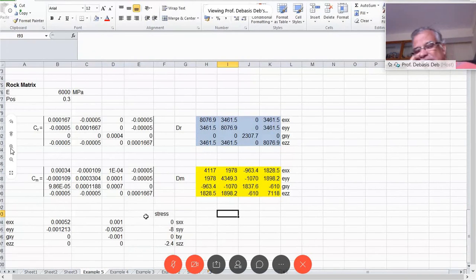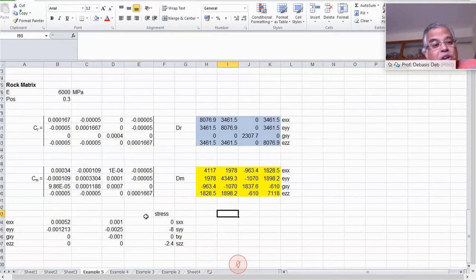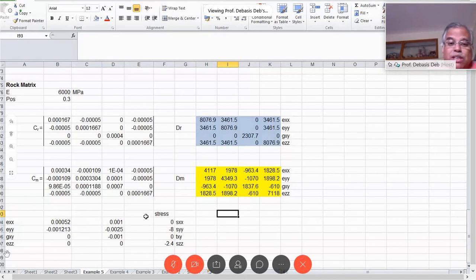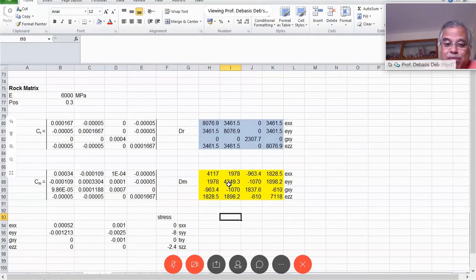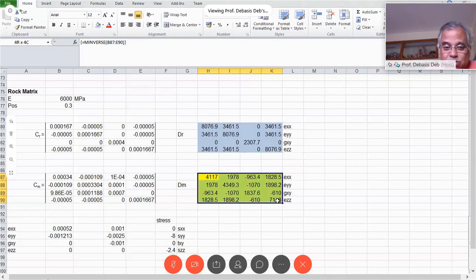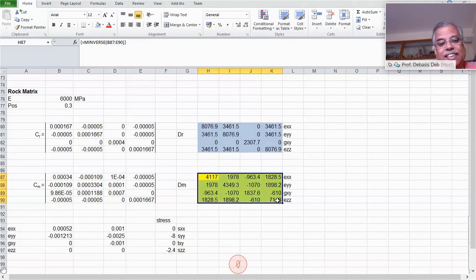So if you are using, let's say, ANSYS software for purely anisotropic behavior, what you have to do is supply this matrix from outside. So you have to first develop this matrix using this Excel, and then you have to key in all these values and make that matrix and supply it to the software.